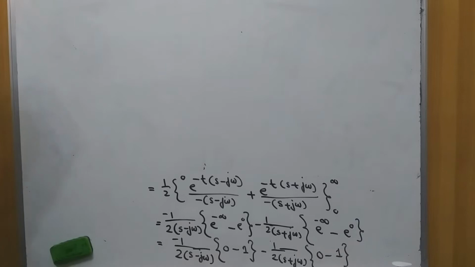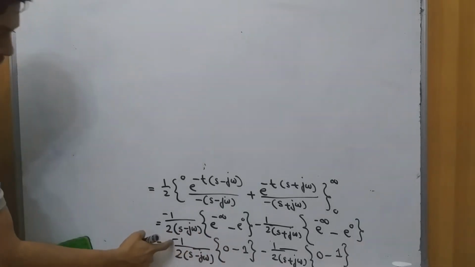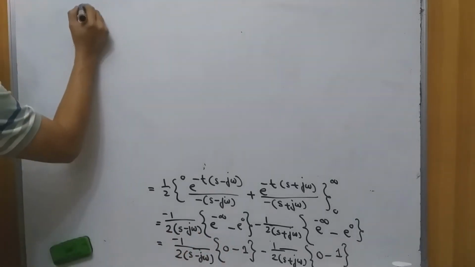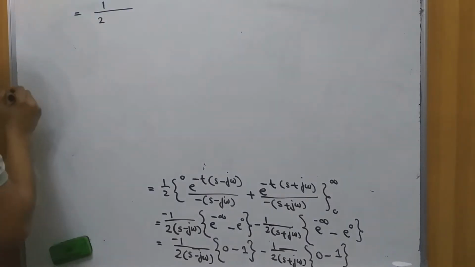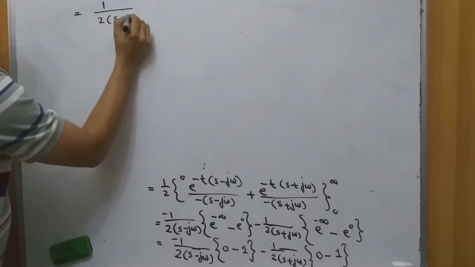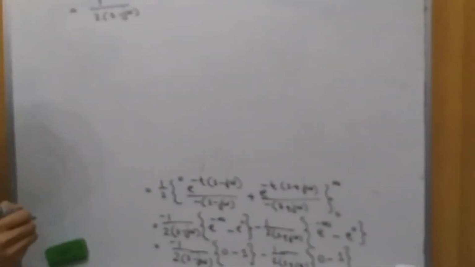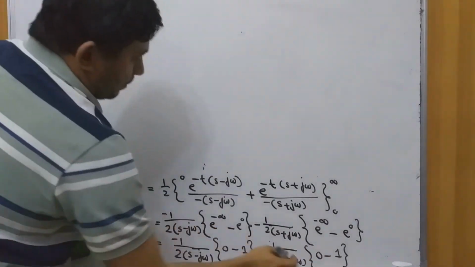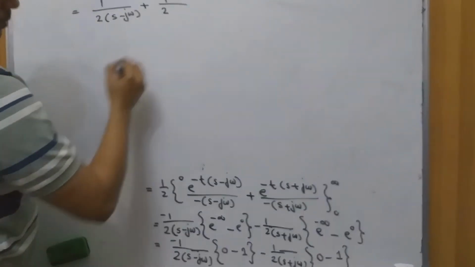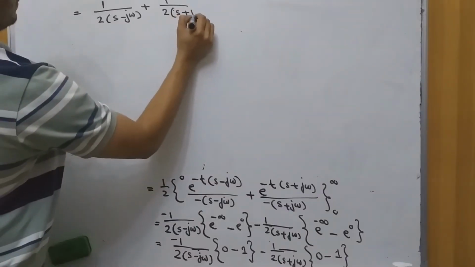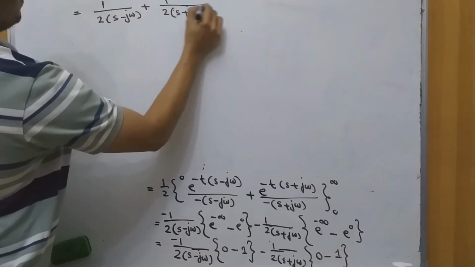If you simplify this equation further, the minus minus cancel, and we have 1 divided by 2 into (s minus j omega), and again the minus minus cancel, plus 1 by 2 into (s plus j omega).